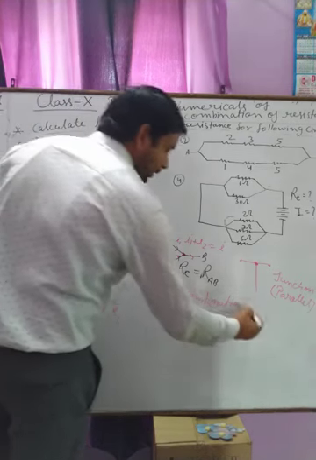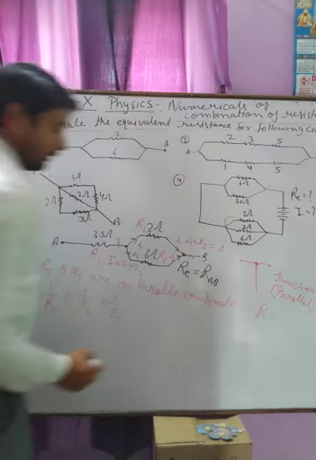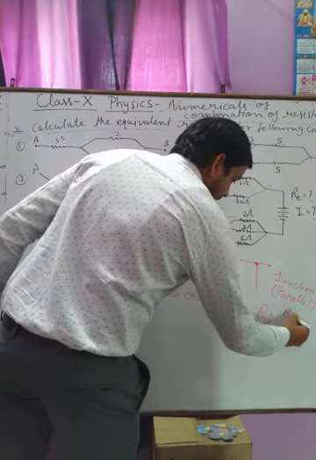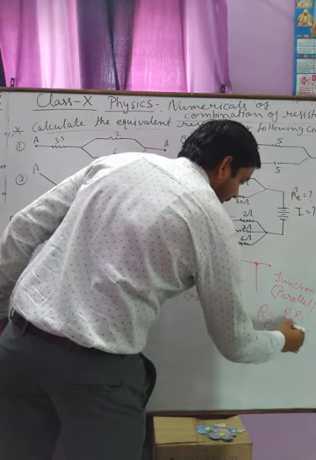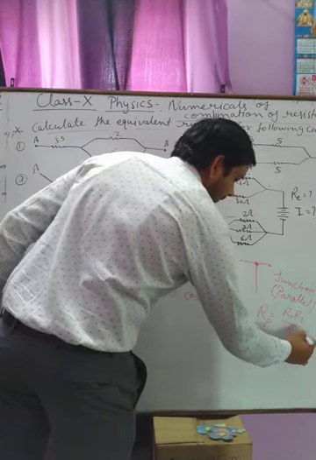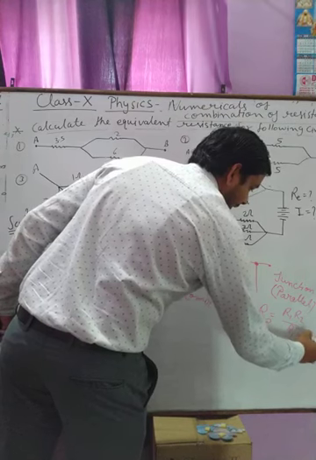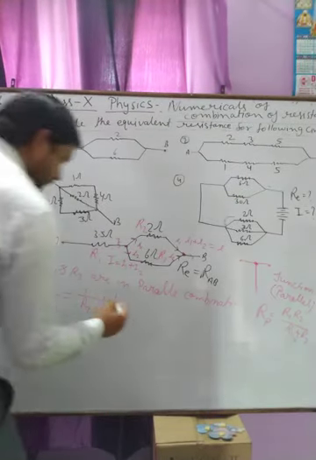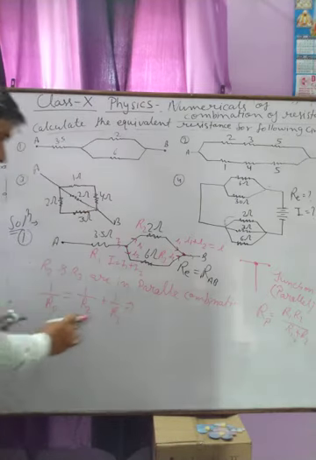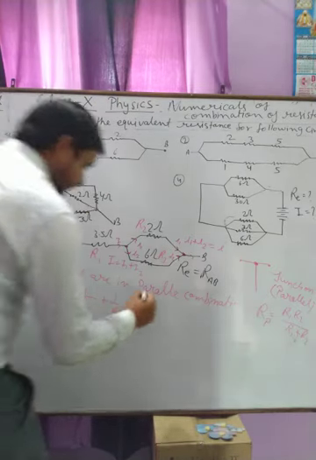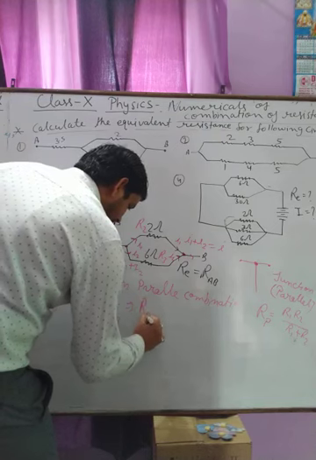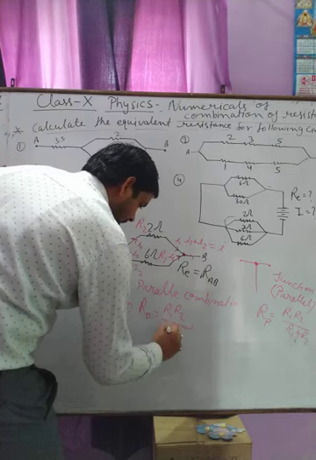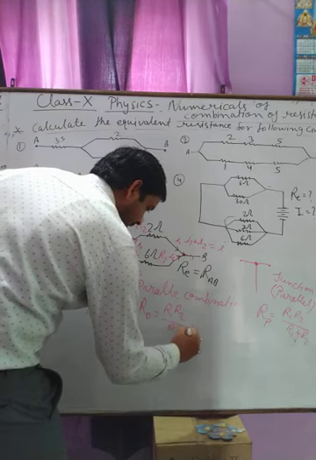Student, I am giving you the result. This RP for two resistors is R1 R2 upon R1 plus R2. For two resistors we use this direct formula. On taking LCM we get RP equal to R1 R2 upon R1 plus R2.